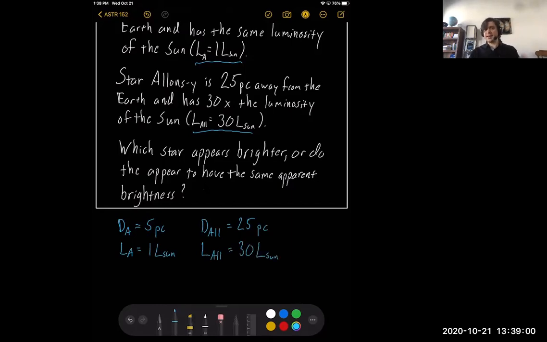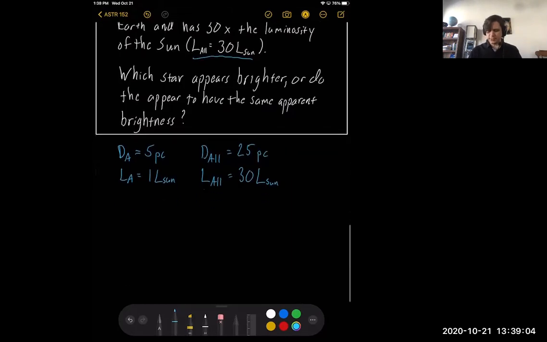Okay, so notice that I had all those words just to break it down to these 4 numbers. The first thing I want to do, though, is figure out how many times farther away Alonzi is compared to Alonso. That's my brighter one, a naturally brighter one of 30 times the luminosity of the sun. So really, I want to just figure out the ratio of their distances. The distance of Alonzi divided by the distance of Alonso.